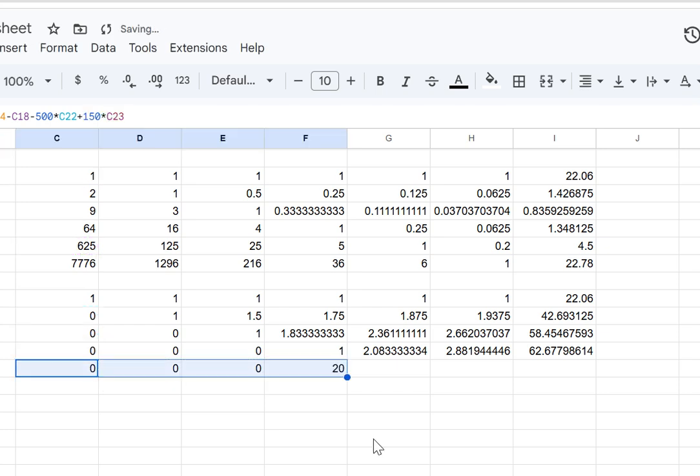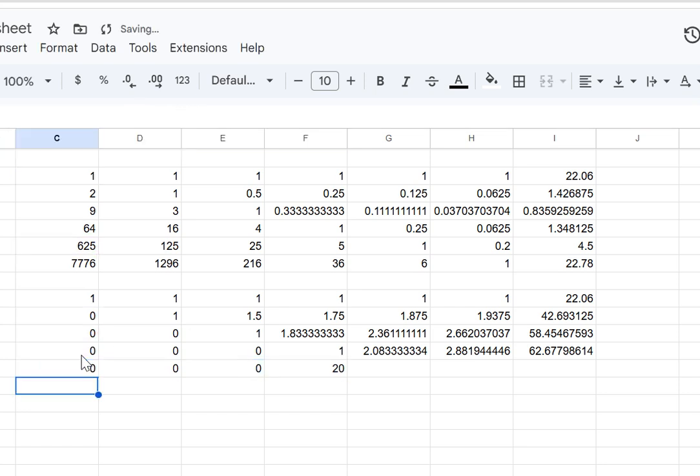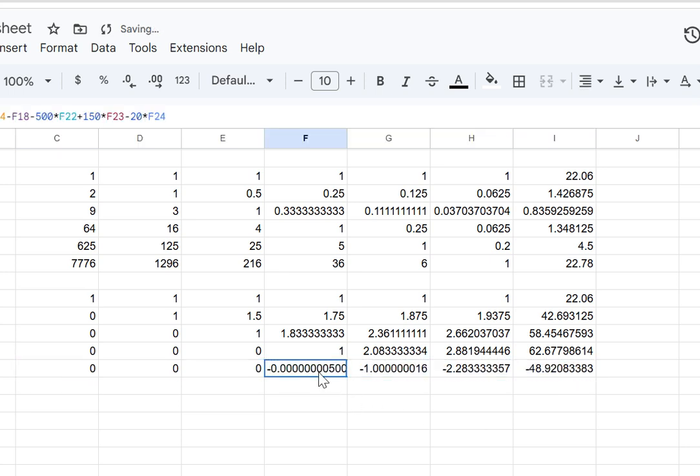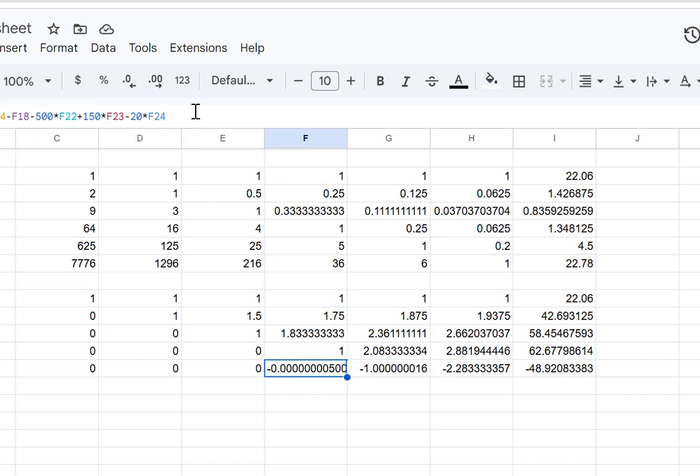I'm going to click and drag this over. So we need minus 20 times the fourth row. Ooh. Let's see. There's a little bit of a rounding error going on here. That's why we're seeing this.